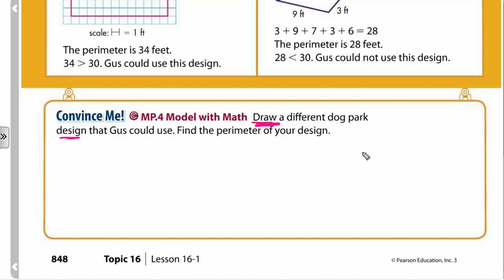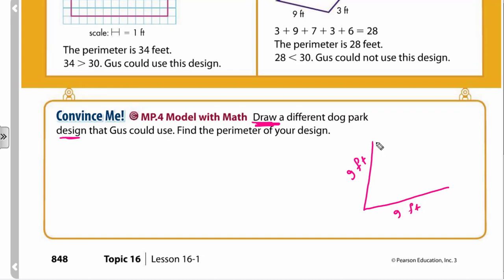Okay, so let's try to make it something like a triangle. What about making, okay, let's start here with 9 feet, and here also another 9.